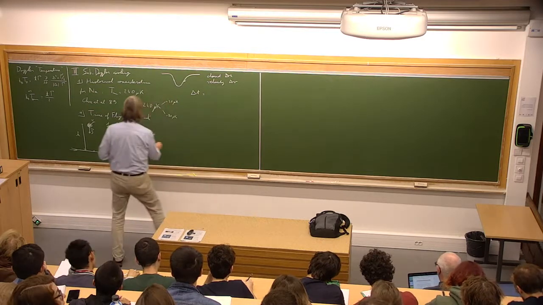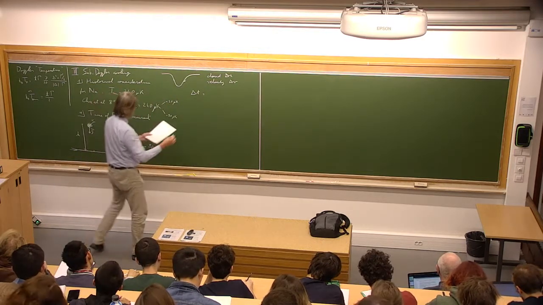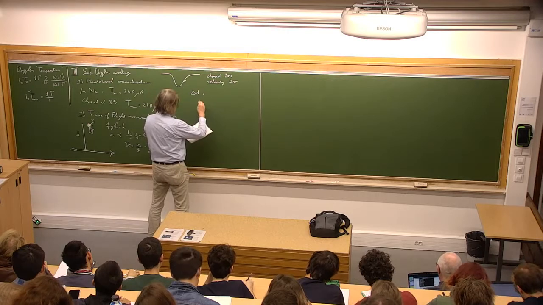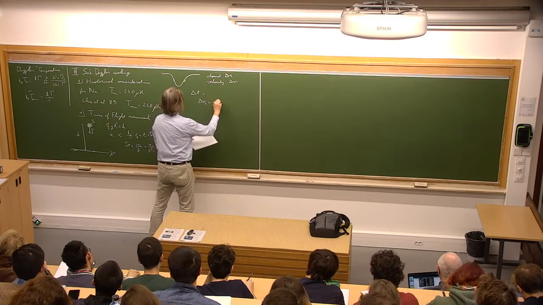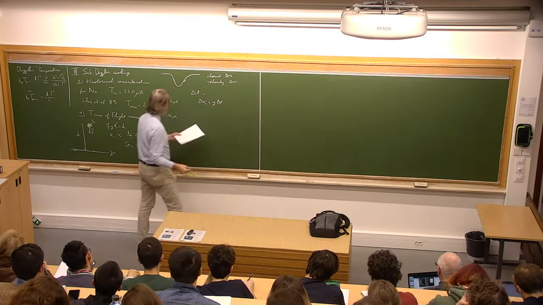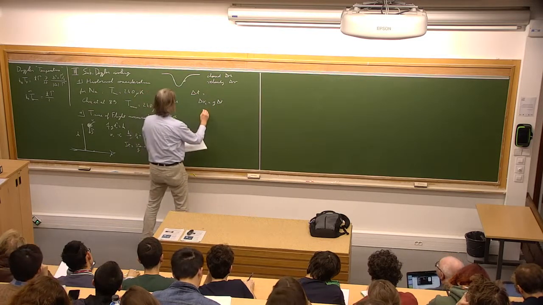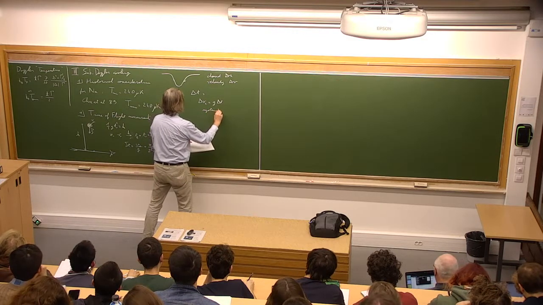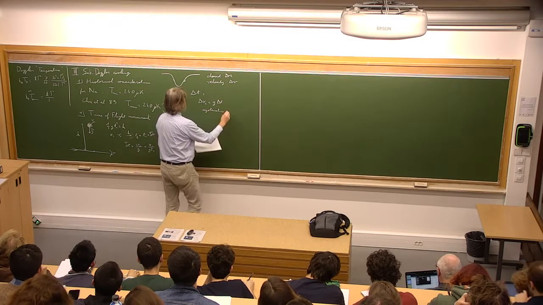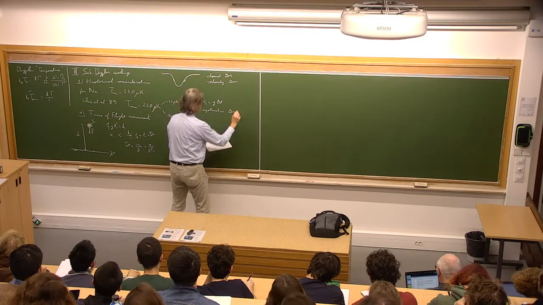And if you can neglect the size of the cloud, you have delta Vz equal to g delta T. But obviously you have the systematics, which is the spread in the cloud.